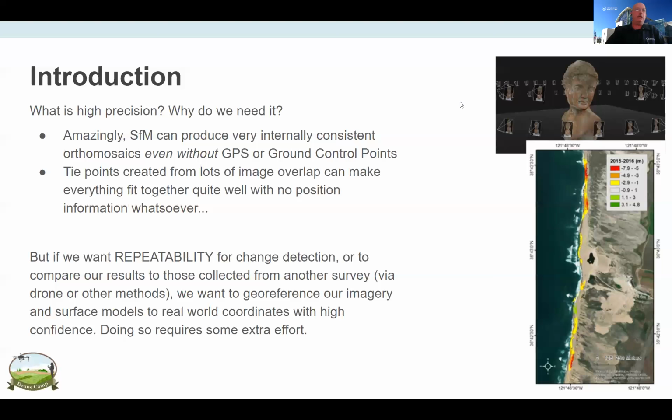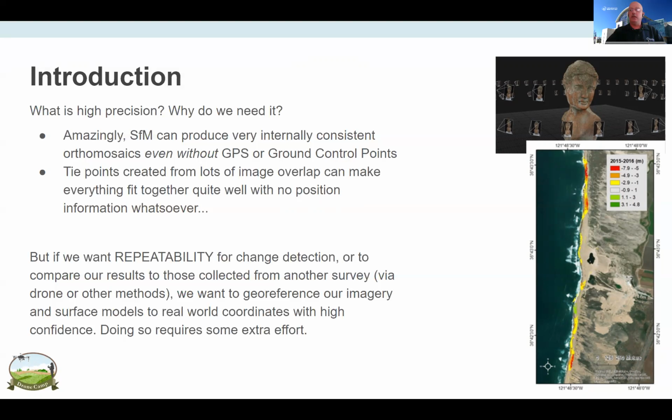So why do we need high precision? It's pretty amazing that the structure from motion technology and the software that we use for our stitching, our photogrammetry software, can actually produce very internally consistent orthomosaics, 3D point clouds, and models without GPS, without ground control points with known positions, and even without positions for the images themselves.